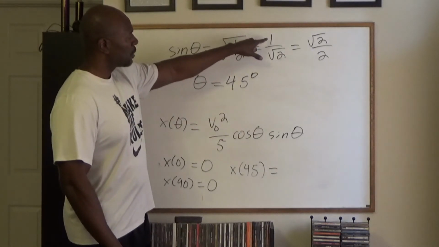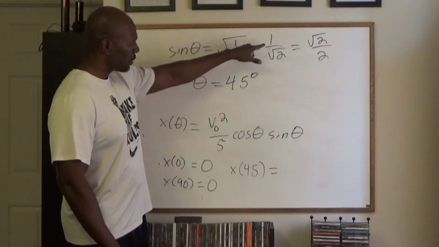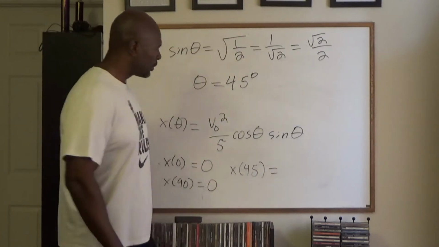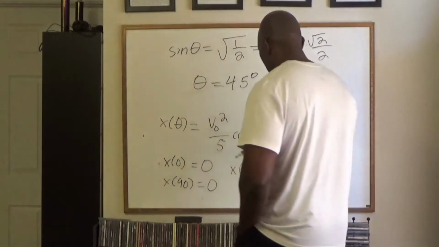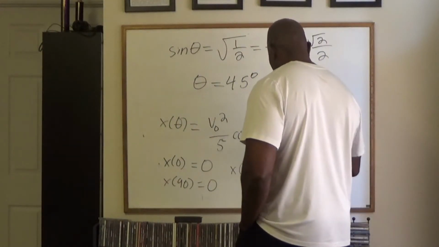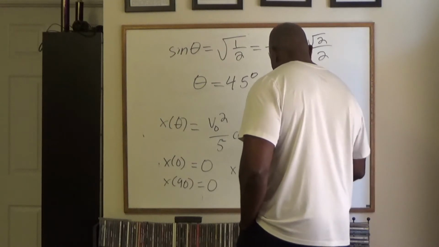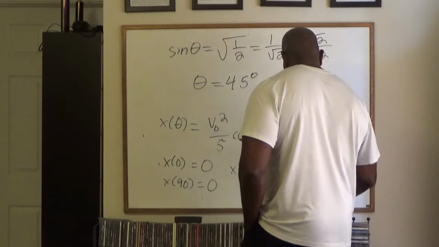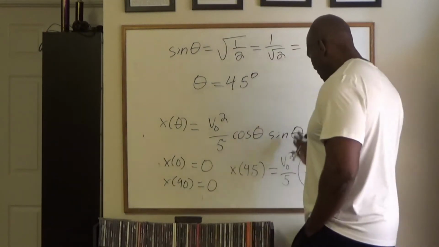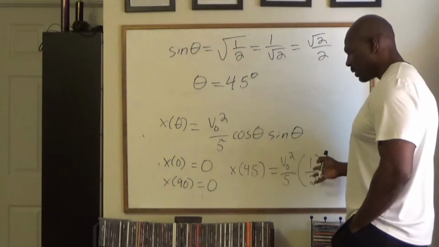And 1 over the square root of 2 times 1 over the square root of 2 is 1/2. So I know I have this v naught squared over 5, but it's being multiplied by 1/2. And so this is some positive number times 1/2.